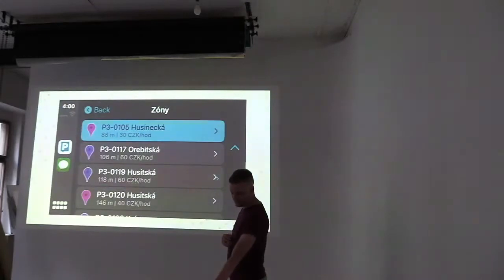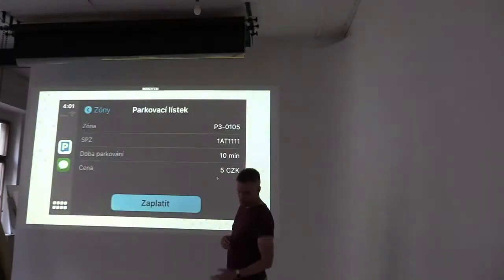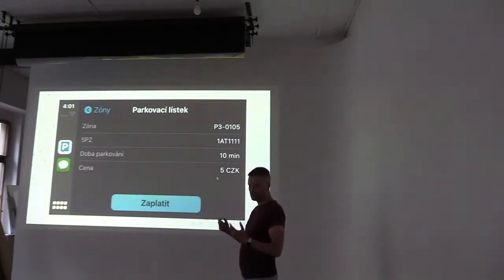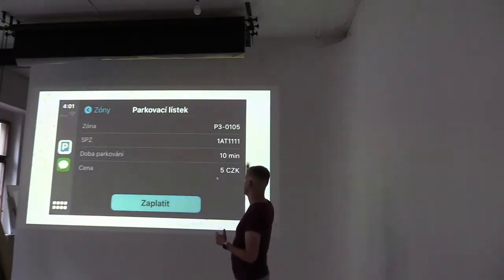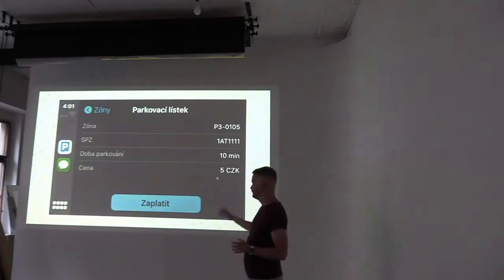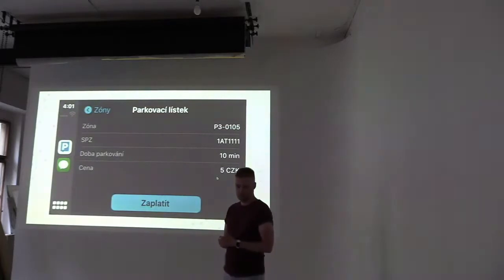The user can select one element from this, and then we skip some parts because we just wanted to submit something to them and see what's going to happen. So we skip choosing the license plate and choosing the length of the parking, and the price is automatically calculated. Then you tap the submit button and it's going to pay for the parking.